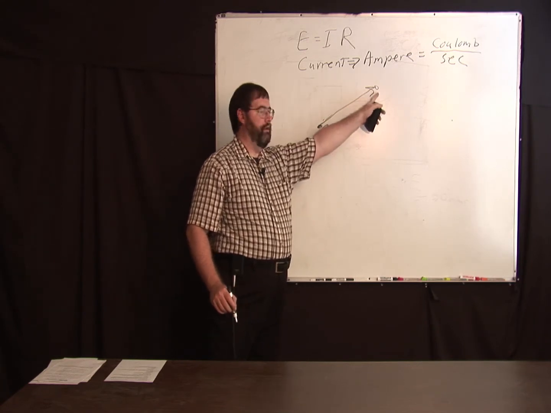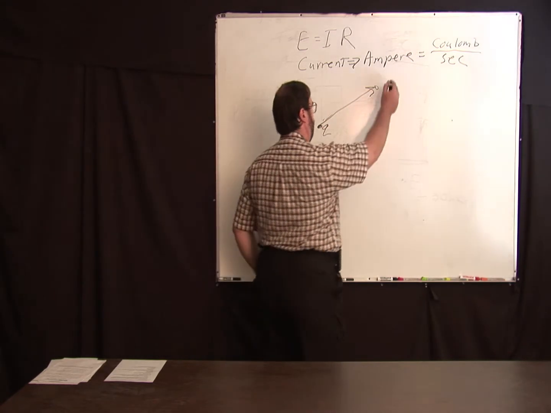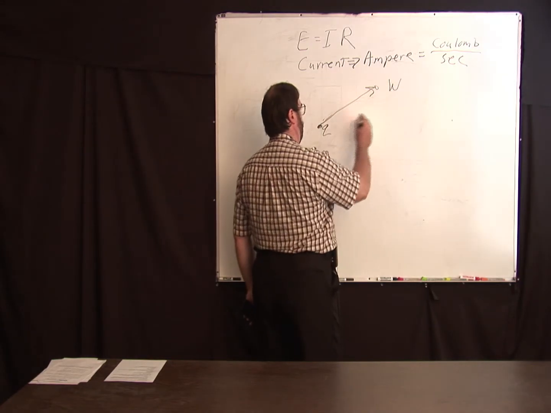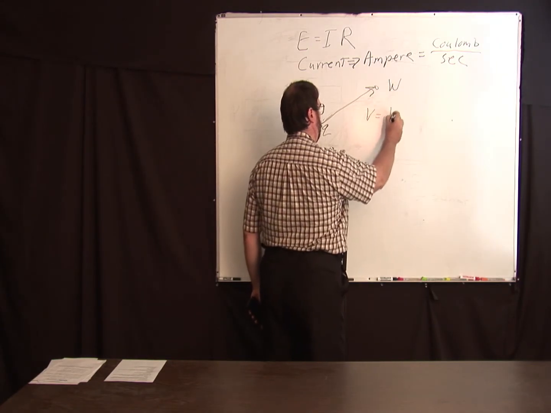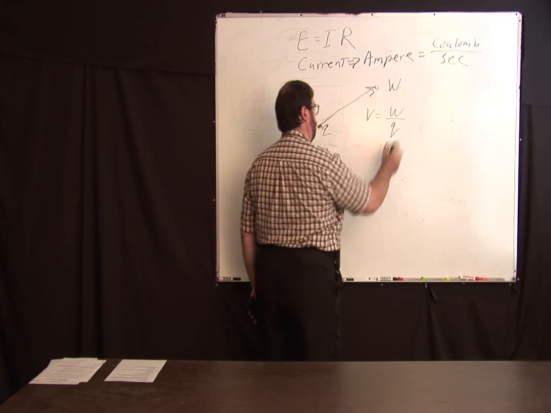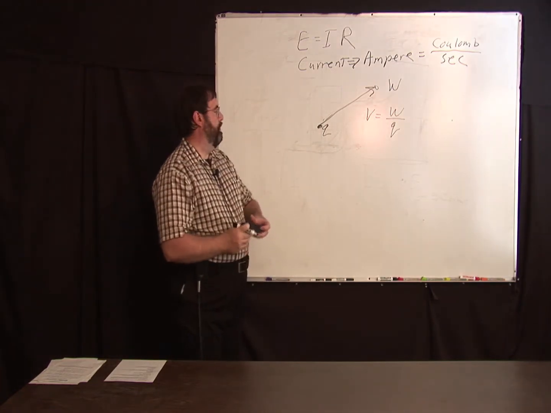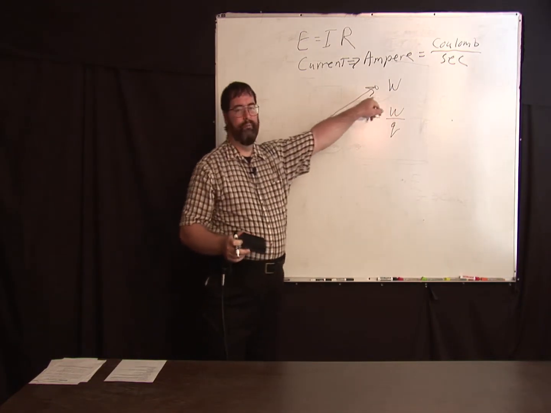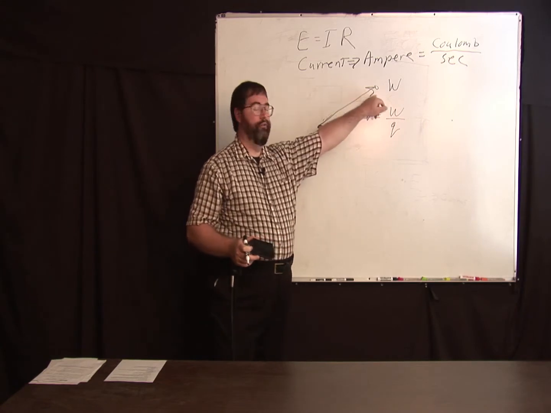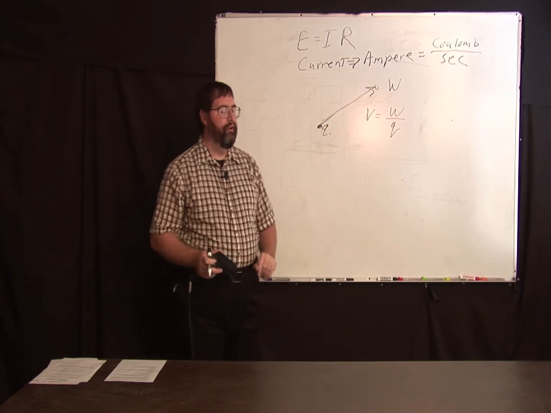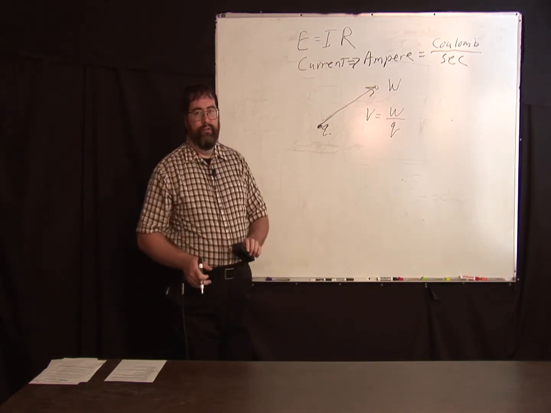Call the work W. Voltage is the work per unit charge. It's the work per unit charge between 2 points in space if you move the charge from one to the other. That's the voltage difference between 2 points in space.